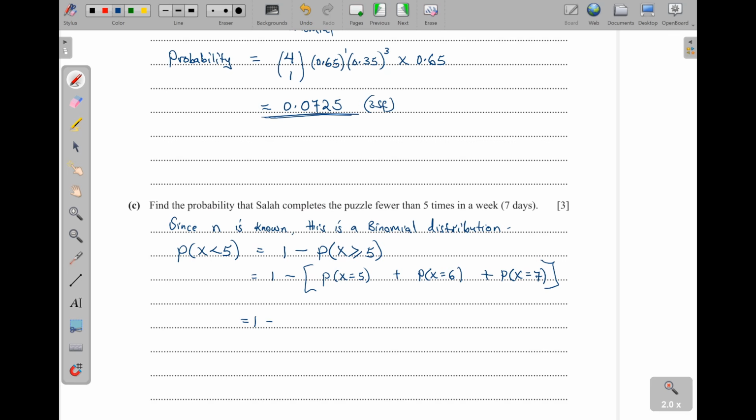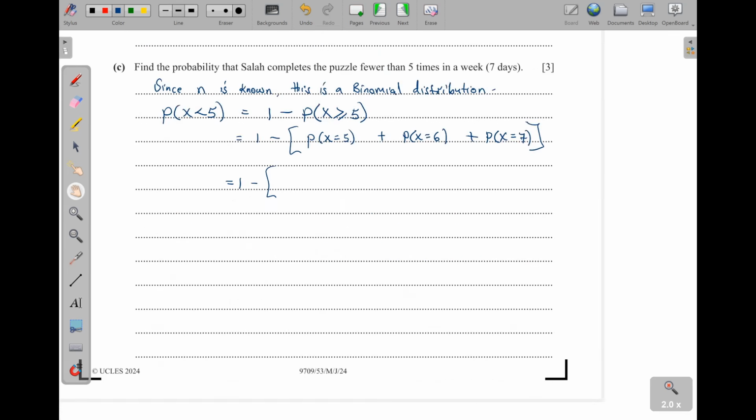Now, what do we get here? I can substitute here, and then I do everything on the calculator. So we shall have 7 combination 5. The success is appearing those 5 times. 0.65 power 5, then 0.35 will be power 2. Remember, when you add these powers, you get that n.